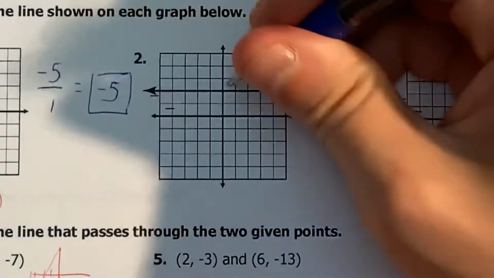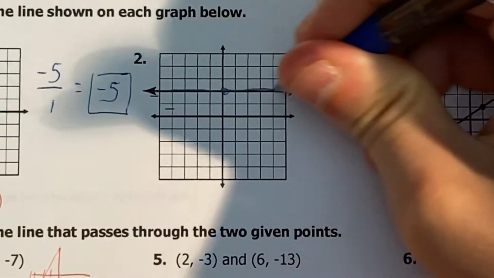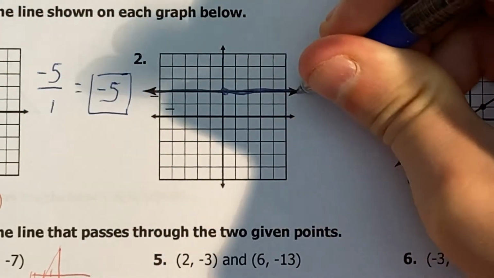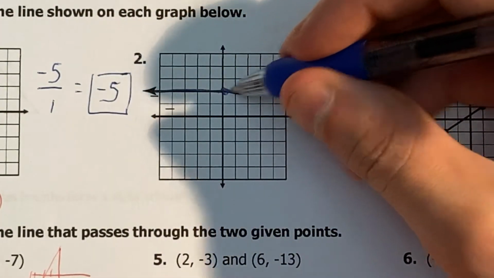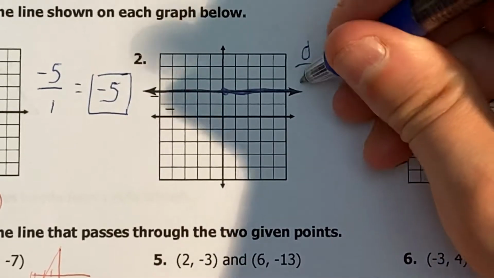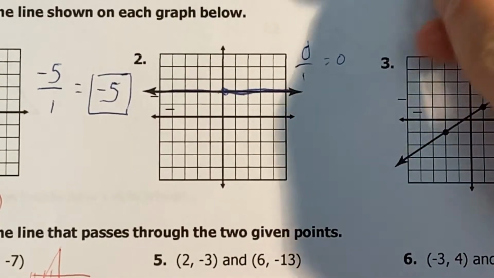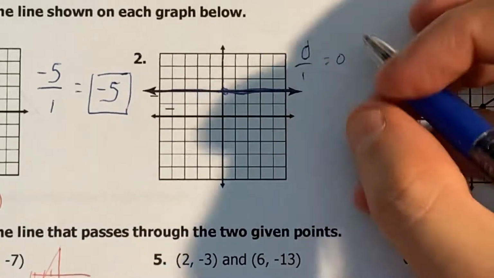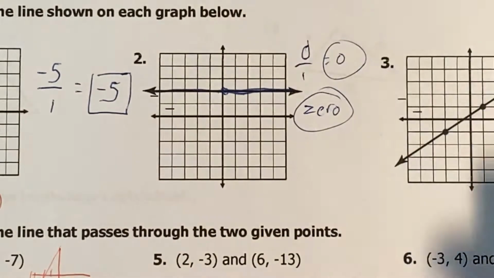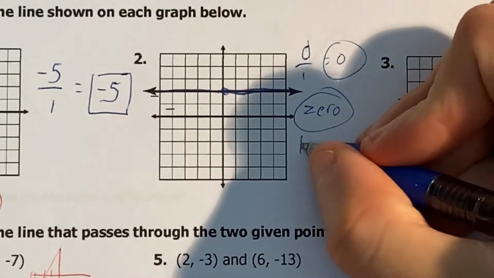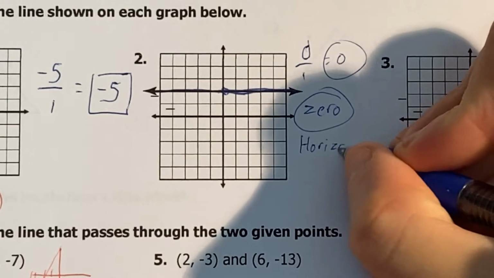For this one, it is a horizontal line. If you felt like doing rise over run, you could. You're rising 0 when you're going over some amount, and you get 0. Or you can memorize that a horizontal line has 0 slope. You can write the number 0 or spell out zero.